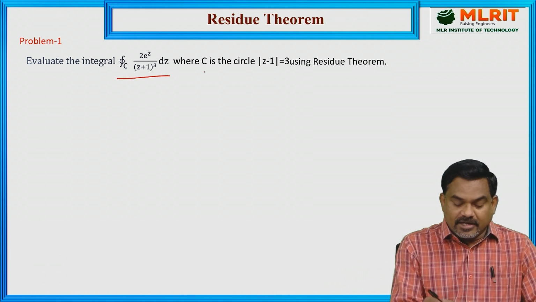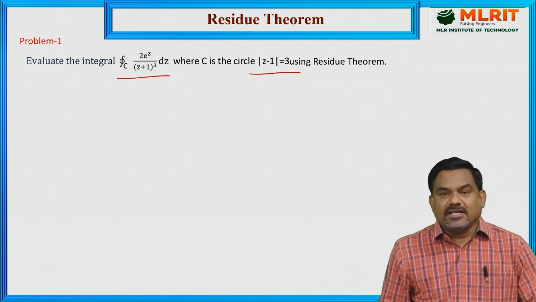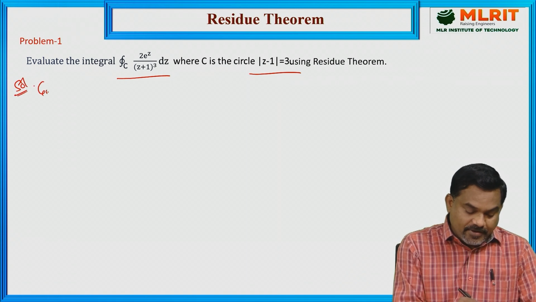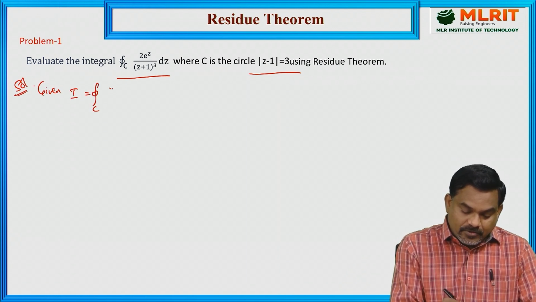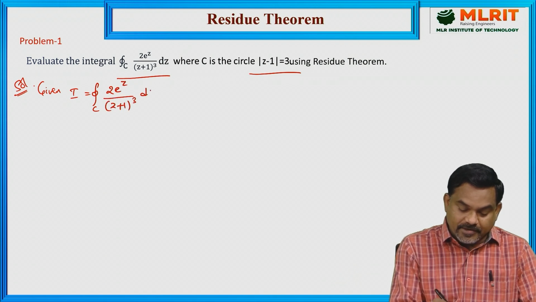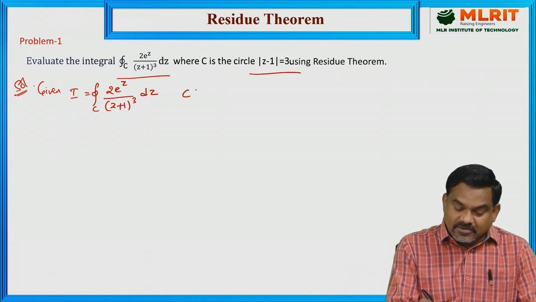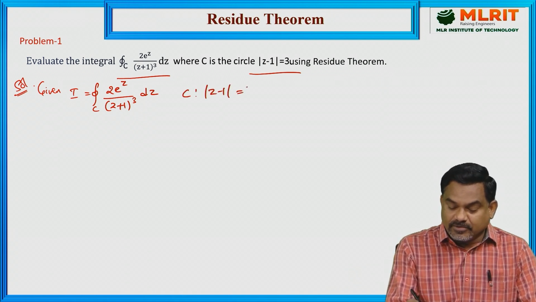Evaluate the line integral where C is the circle mod z minus 1 equal to 3. So, coming to the solution part, the given line integral is 2 e power z by z plus 1 whole cube dz. What is the curve C here? Mod z minus 1 equal to 3.